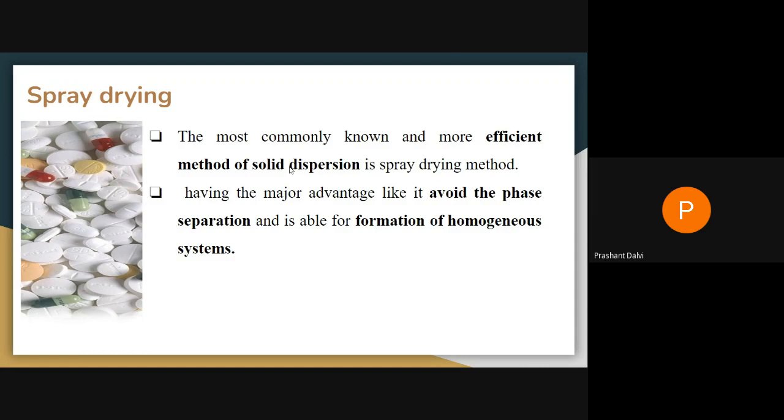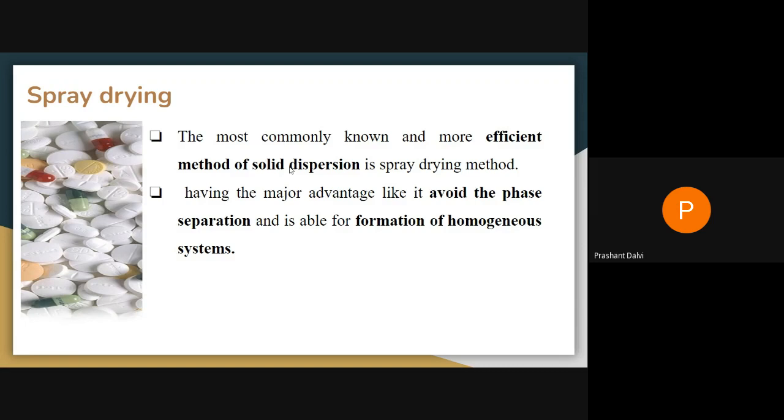Then fusion methods, supercritical fluid technology, solvent evaporation techniques, and electrospinning techniques are there. All these are different techniques used for the preparation of solid dispersions. But as far as this amorphous solid dispersion is concerned, it is prepared by two important techniques that I have added here: spray drying, and second, hot melt extrusion.